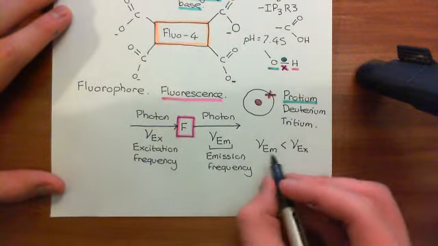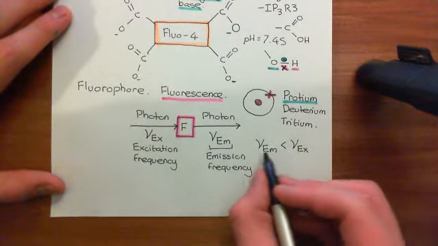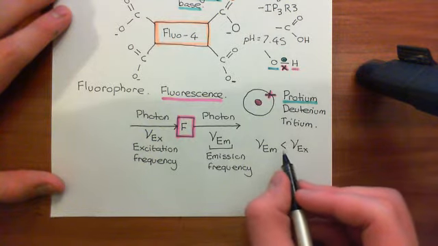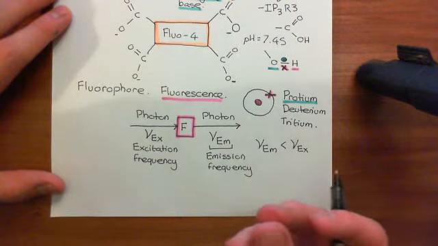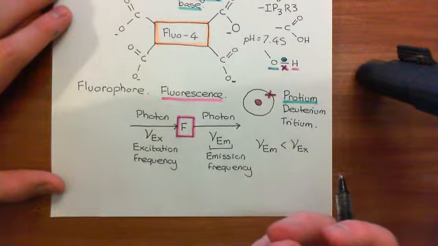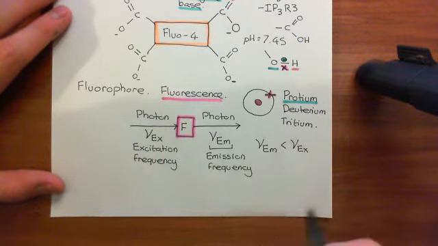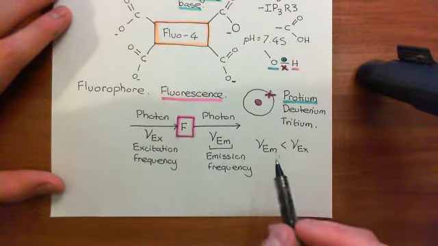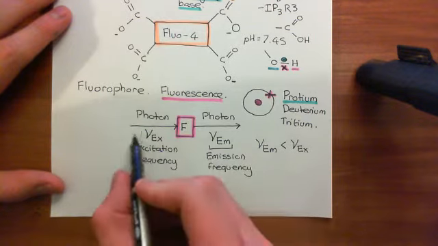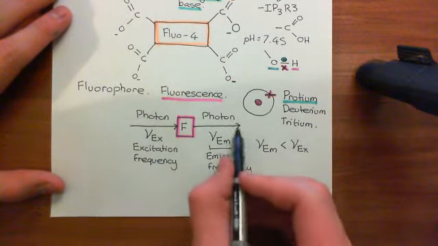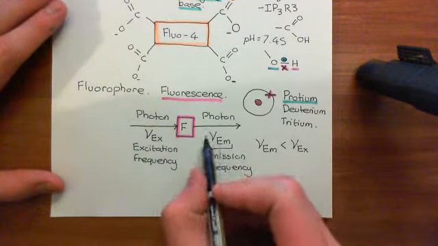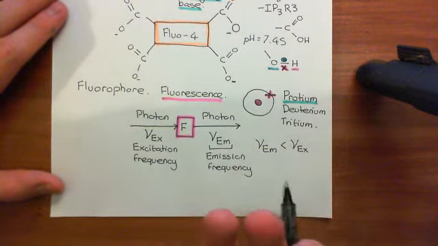That's because, remember, the frequency of electromagnetic radiation is intricately connected to the energy of that electromagnetic radiation. The higher the frequency, the higher the energy. So we're putting in a photon of a high energy, and we're getting out a photon of a lower energy. And of course, that's the only way this really could have happened.